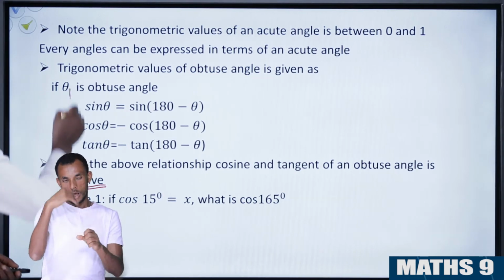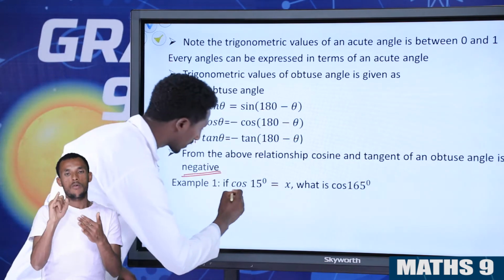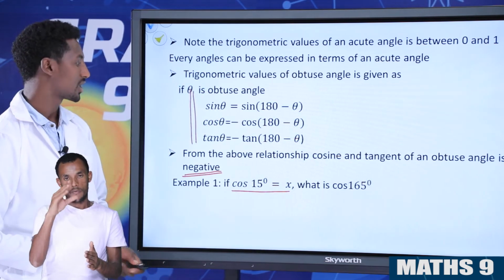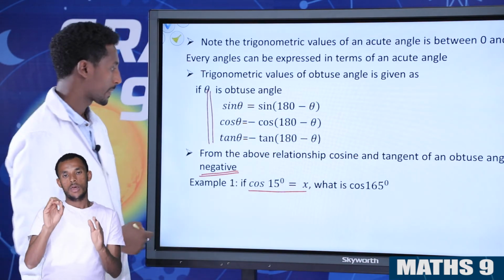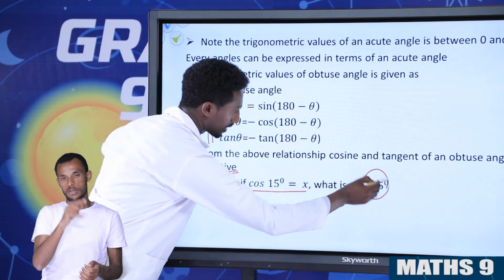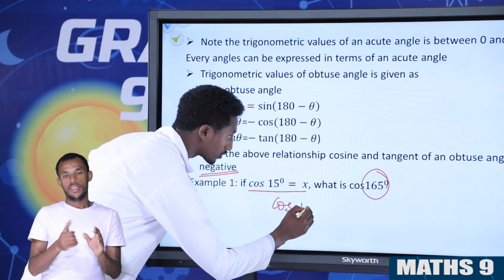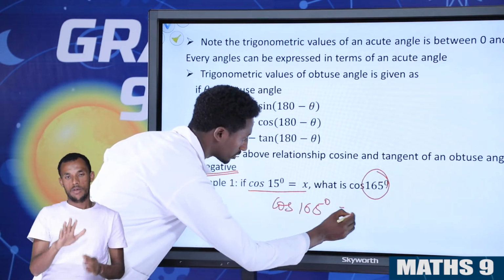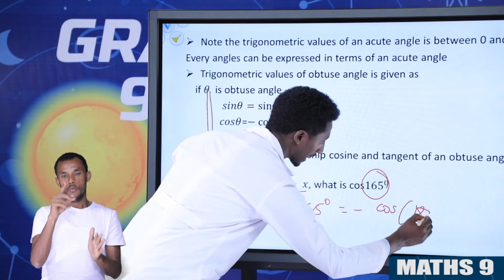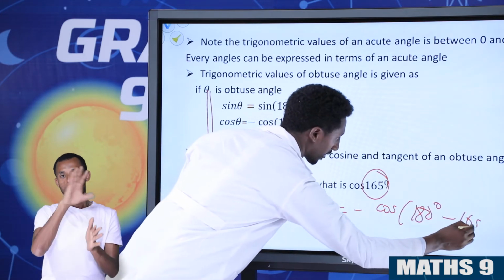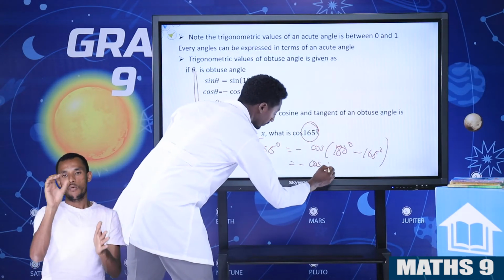So let's apply this idea to find the value of this. If cos of 15 degrees equals x, what is cos of 165 degrees in terms of x? Here, this angle is an obtuse angle, so we can express it in terms of an acute one. Cos of 165 degrees equals, we can apply this, negative cos of 180 degrees minus 165 degrees, which is negative cos 15 degrees.